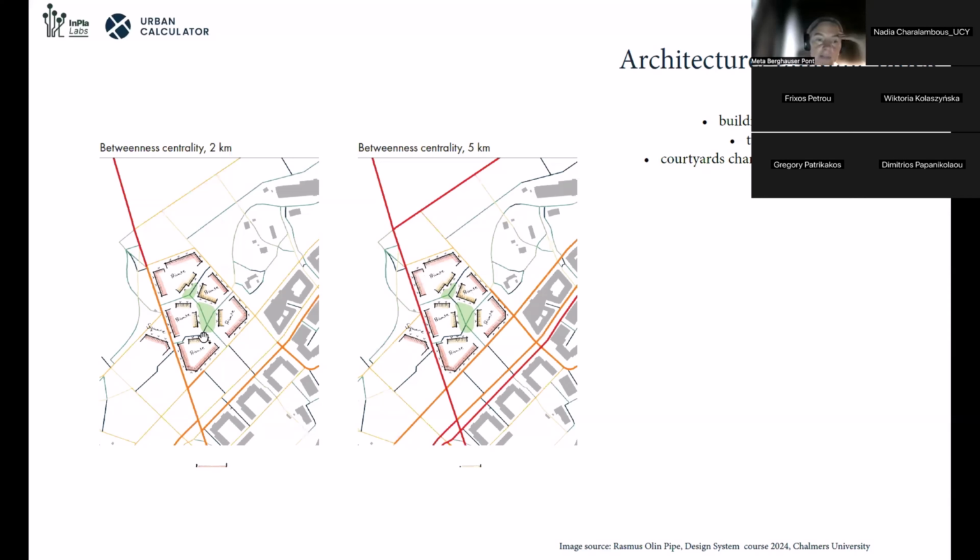And what you see here is that, for instance, the block opens up along the green streets here, with a very low centrality, and they are closed with more entrances where you have the high betweenness street. So it can also inform you about the choice of building typology, the choice of ground floor activities, the choice of access points towards your courtyard, etc.